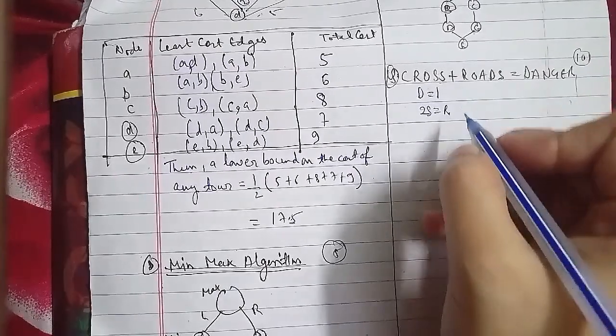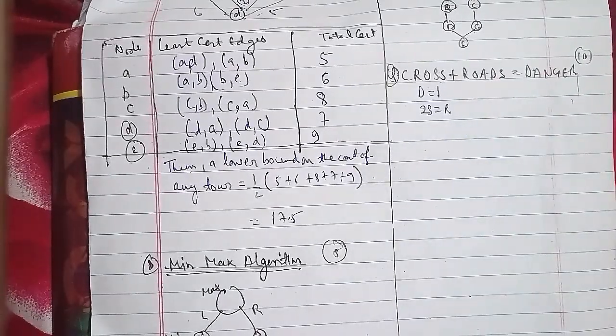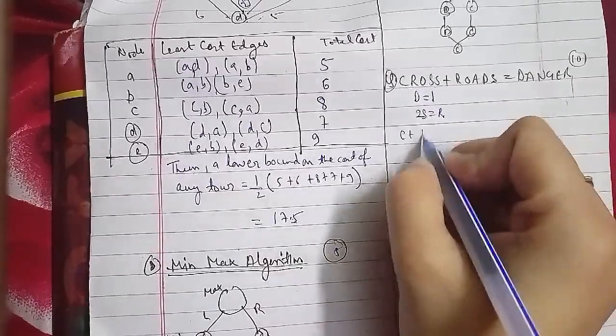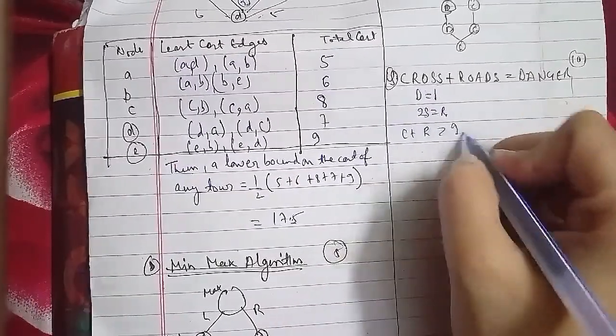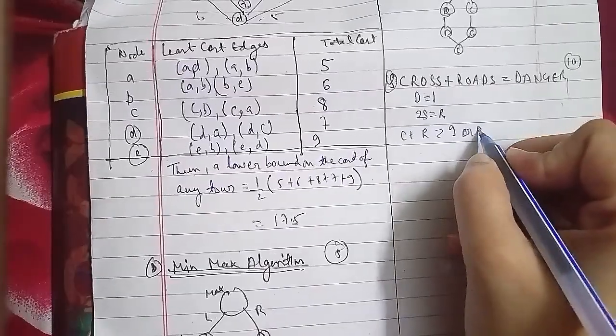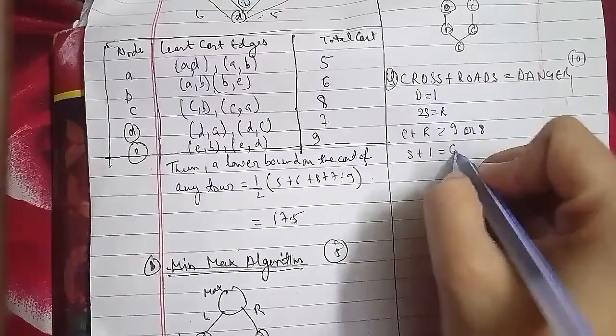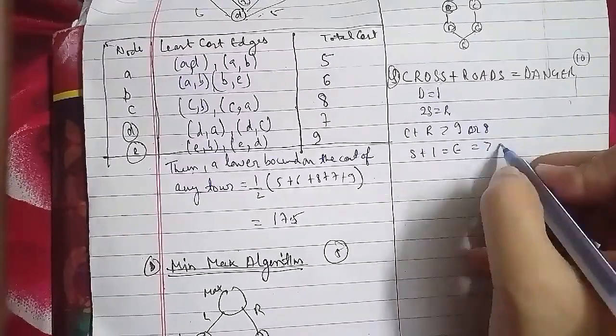And C plus R is greater than 9 or 8, and S plus 1 equals E, which is equal or greater than S, which says here that S equals E minus 1.